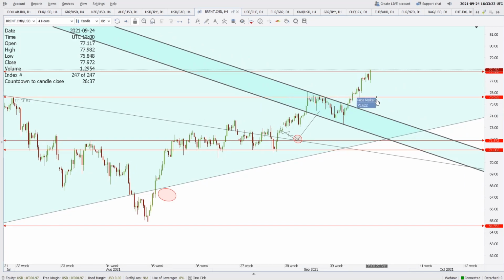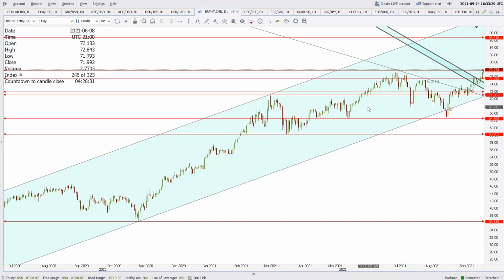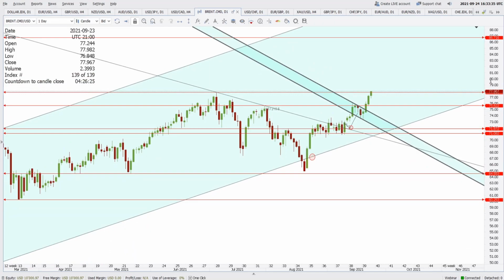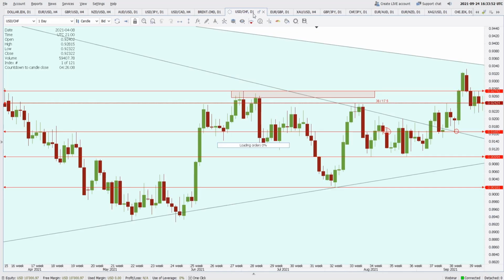So if we close a day higher than 77.80, now I am talking about the daily candle, if we close a day above 77.80, it will expose the 86.71 region in this market. So any close higher than 77.80 today will make it possible for the price to reach 86.71 in the Brent oil. I hope you get that point.